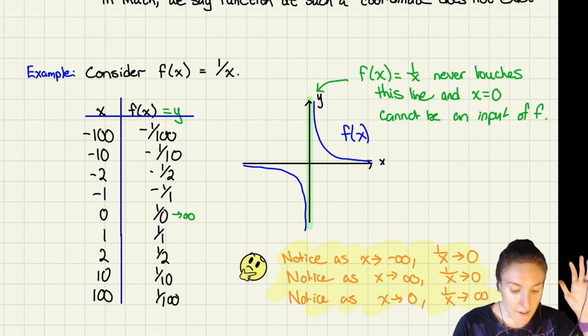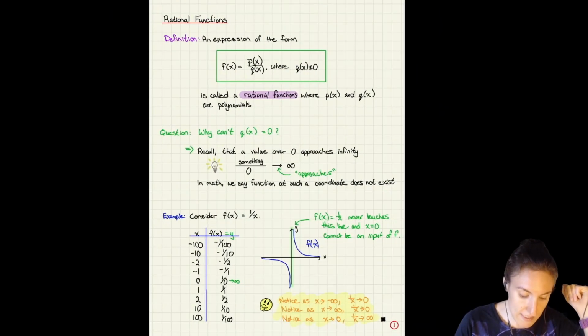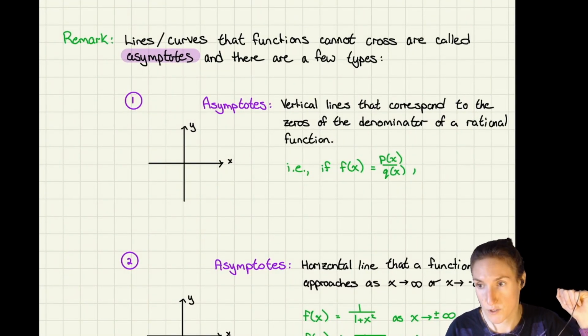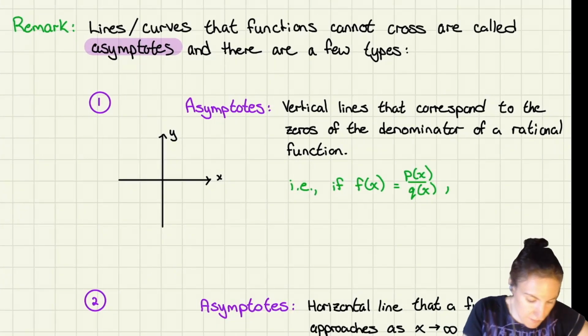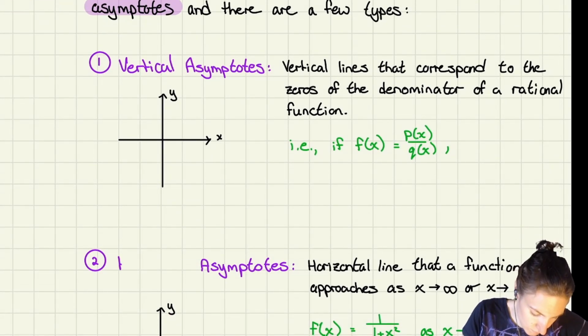Now this green line that I drew is a line that our function is never going to be able to cross. Lines like that have a special name. They're called asymptotes, and there's different kinds of them. In this class, we're mostly going to be looking at two types: vertical and horizontal.